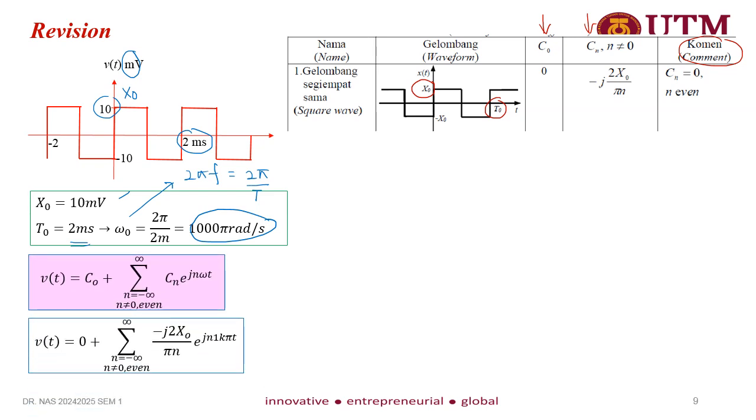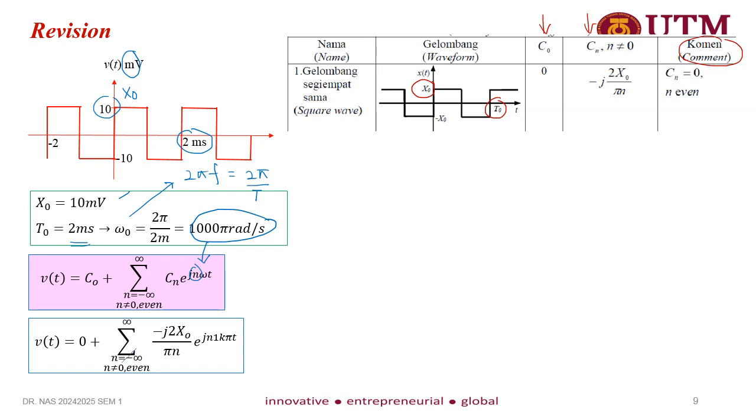Next, you need to use the general equation for complex exponential Fourier series, in which it is the addition of C naught, the coefficient at 0, plus the sum of Cn e^(jn omega t). So your omega here is 1000 pi radian per second. n is the harmonics number, so you need to consider up to the number of harmonics required in a system.